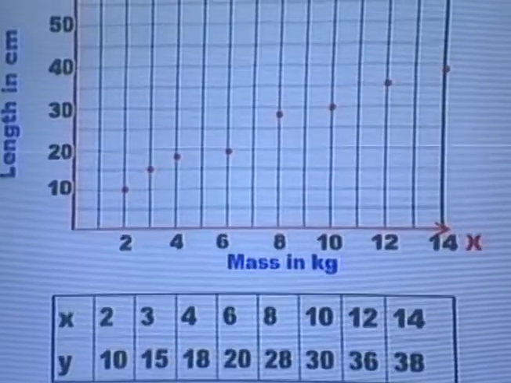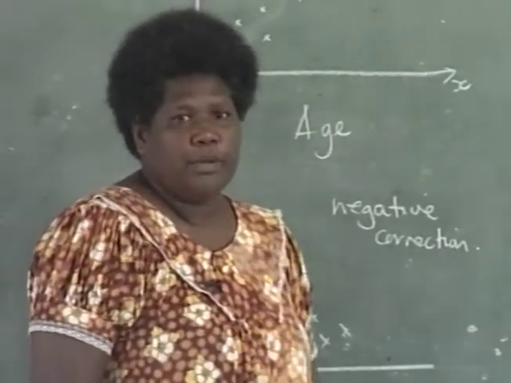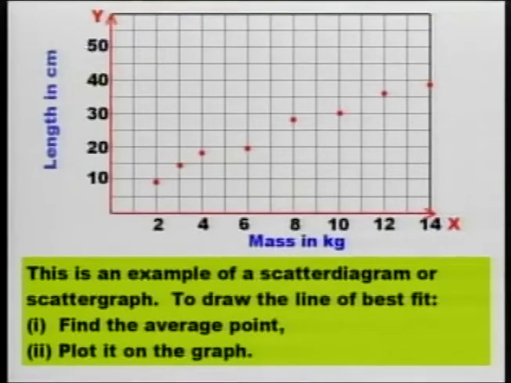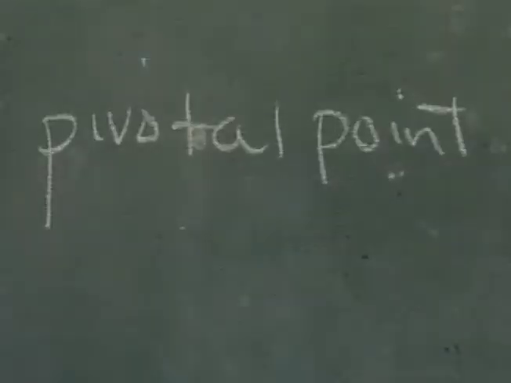So that's the first thing you do. You find what is called the average point. It's also called the mean point, and it's called the pivotal point. But I always use the average point.